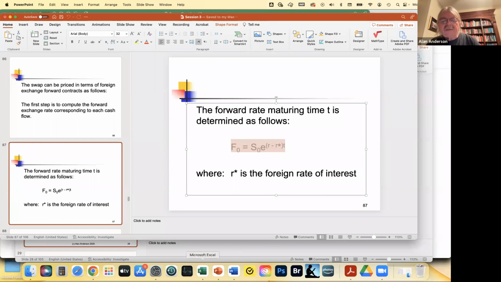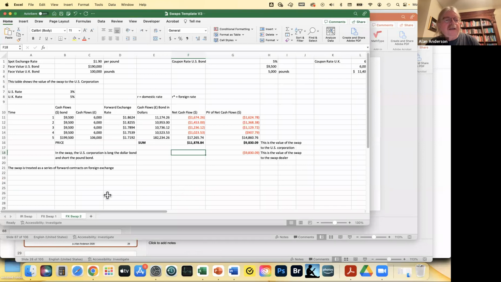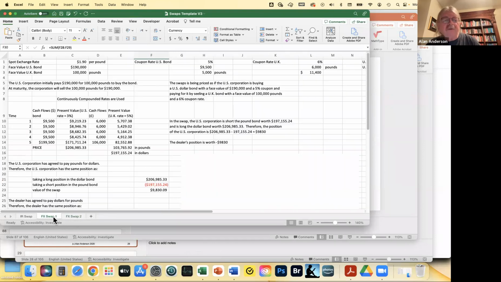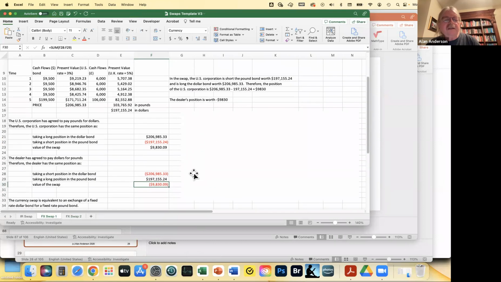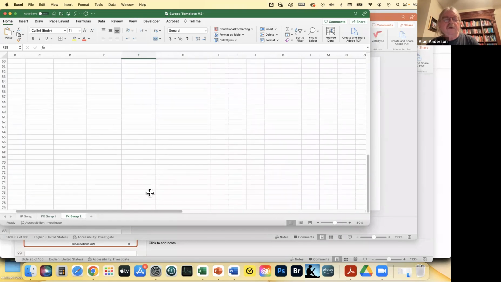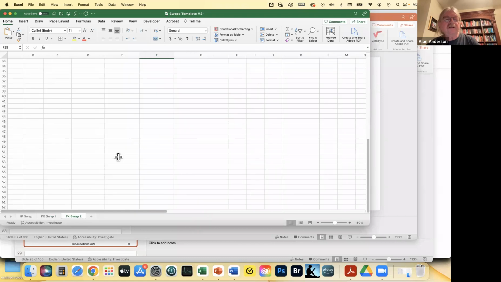So we're going to do the same thing here. And the second approach to calculating the price of the same exact swap, if you remember before, it was worth 98.30 to the corporation and minus 98.30 to the dealer. All right, so how could we calculate this using forward prices or forward contracts?